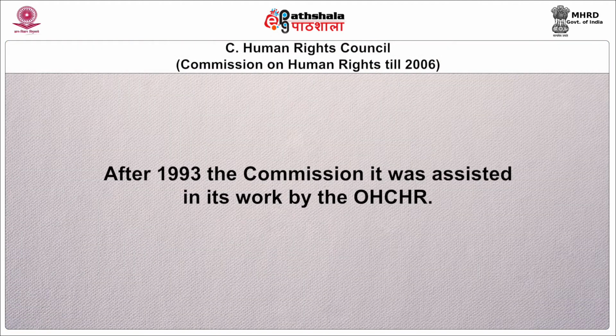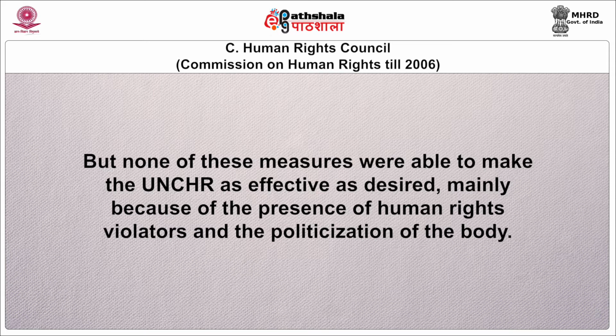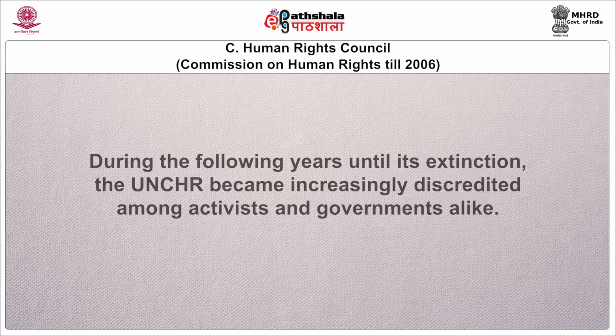After 1993, the Commission was assisted in its work by OHCHR, but none of these measures were able to make the UNCHR as effective as desired, mainly because of the presence of human rights violators and politicization of the body. During the following years, until its extinction, the UNCHR became increasingly discredited among activists and governments alike.